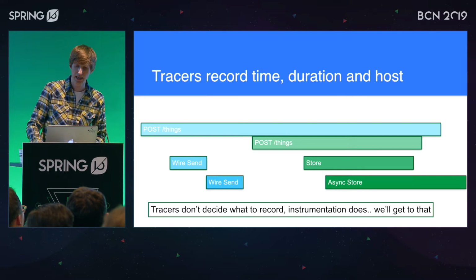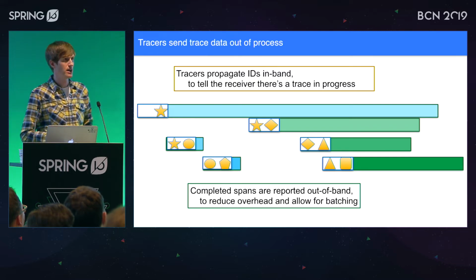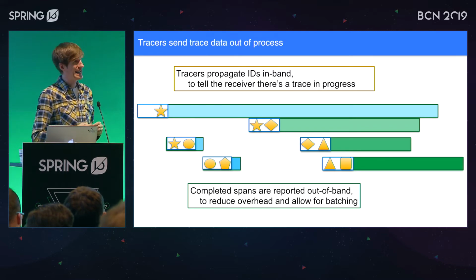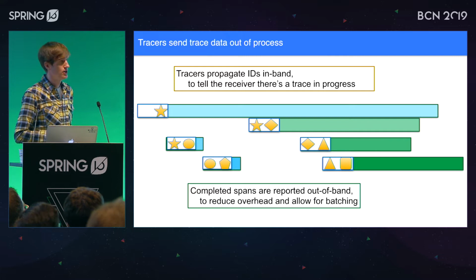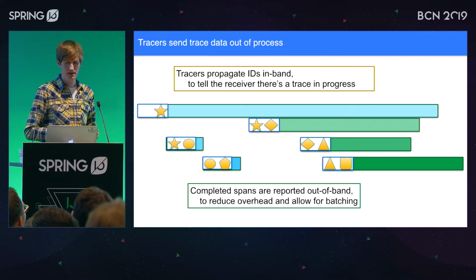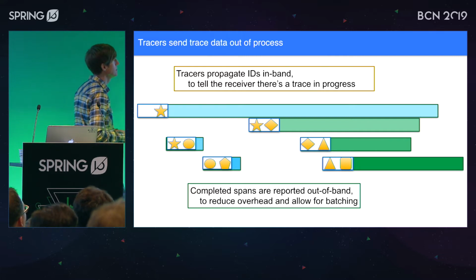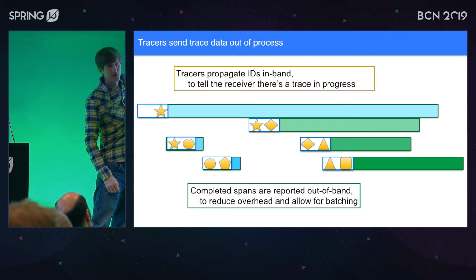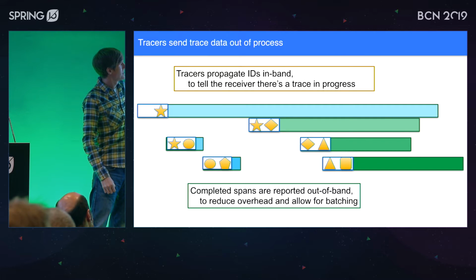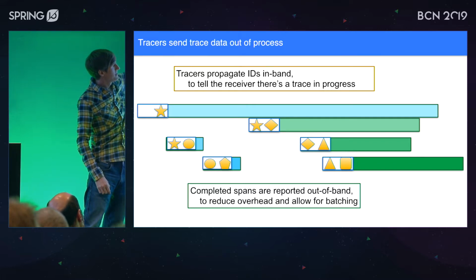What happens is that when you make a call from one host to another, it adds things like, if it's HTTP, headers saying what trace ID I'm in, and those will be passed to your downstream. So if you see here, for example, the root span has no parent, and the span ID is star. It makes a call in the same process.